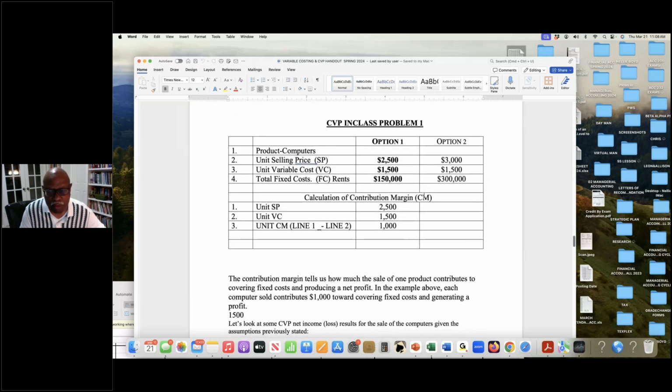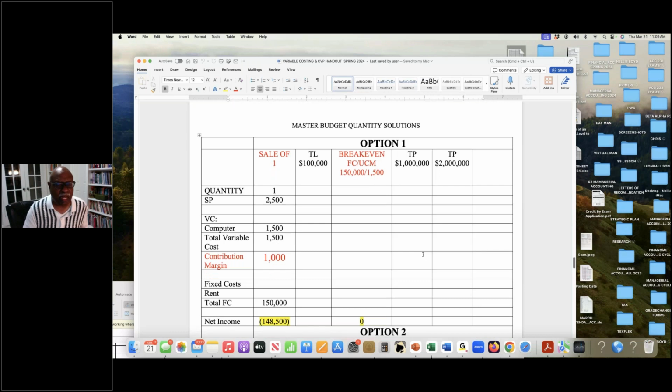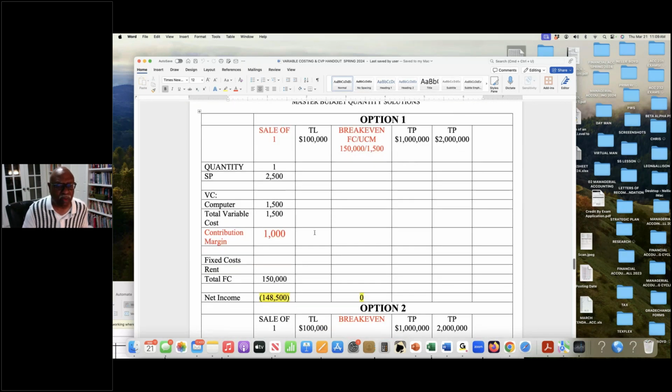We went over option 1. So I want you to pull out your Excel spreadsheets and begin to work on option 2. Are there any questions? You're going to calculate for me, if I sell one item, what's it going to look like?